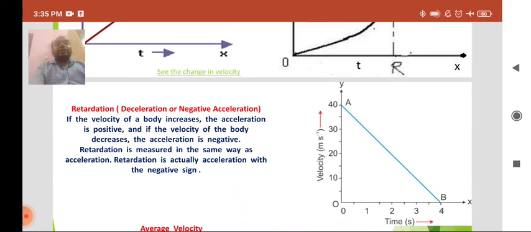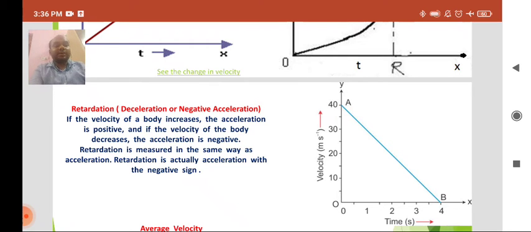We talk about the next point, retardation. Retardation, I have just discussed. Retardation means deceleration or negative acceleration. If the velocity of a body increases, the acceleration is positive, and if the velocity of the body decreases, the acceleration is negative.